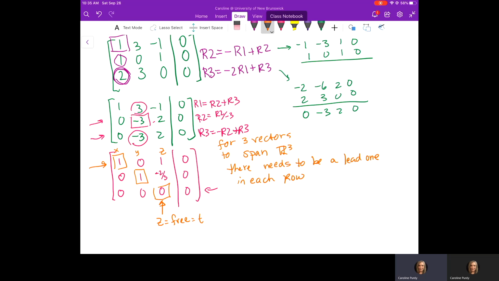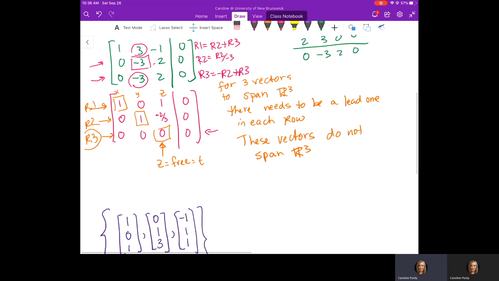There's a lead 1 in row 1, and there's a lead 1 in row 2, but there is no lead 1 in row 3. And so these three vectors do not span R3. So right now I can see that they do not form a basis.